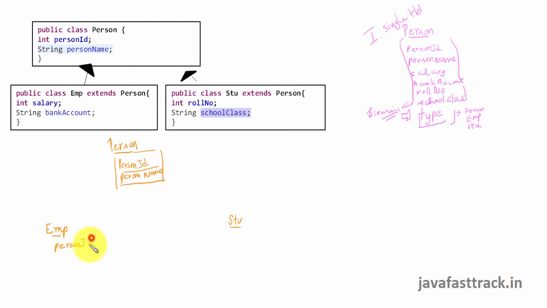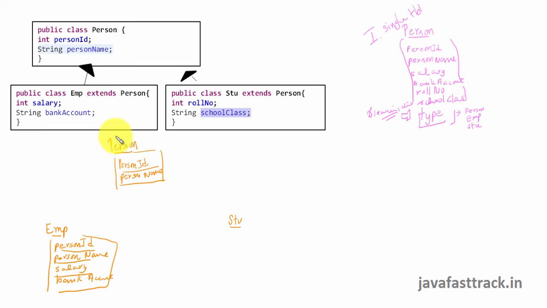When I try to store an employee object, I may have person ID column data, I may have person name data, and then I may have salary data, and then I may have bank account data. The person ID, person name, salary, and bank account. This is the employee table structure.